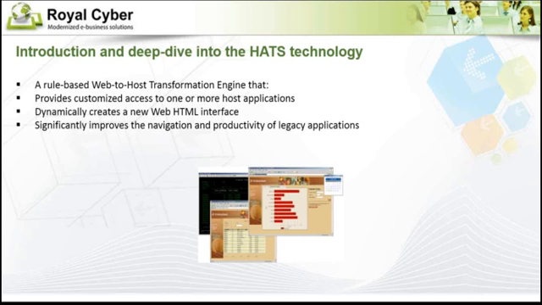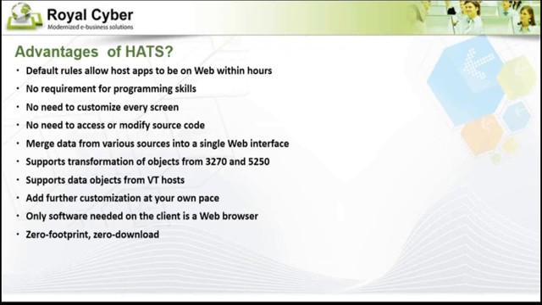HATS dynamically creates a new web HTML interface, meaning whatever green screen is present on the host will be created as a web page according to that screen on the fly. And the GUI application created by HATS significantly improves the navigation and productivity of legacy applications.